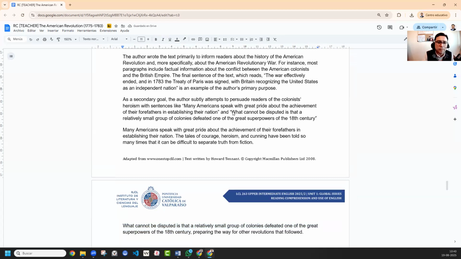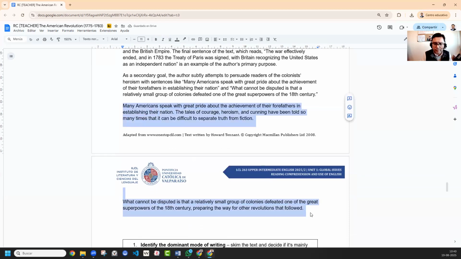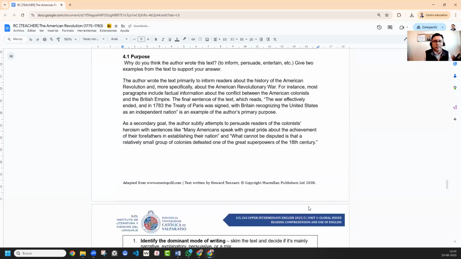Okay, as a secondary goal, the author subtly attempts to persuade readers of the colonists' heroism with sentences like: many Americans speak with great pride about the achievement of their forefathers in establishing their nation, and what cannot be disputed is that a relatively small group of colonists defeated one of the great superpowers of the 18th century. Okay, now we can delete this.